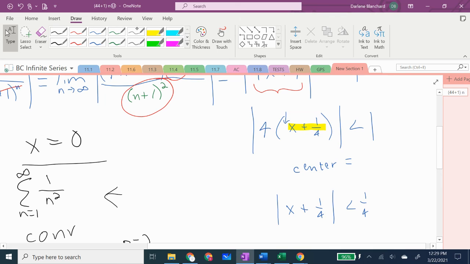The center is found by whatever makes that parentheses equal 0. So what is the center of this? Does everyone see that the center is negative 1/4? That's what makes that parentheses equal 0.